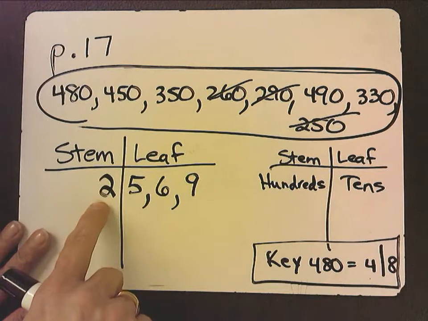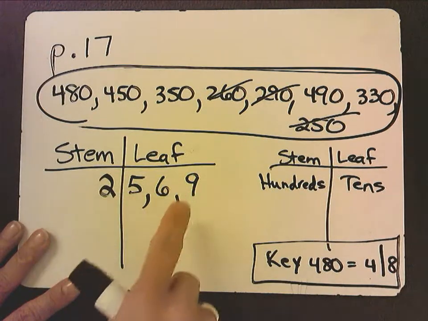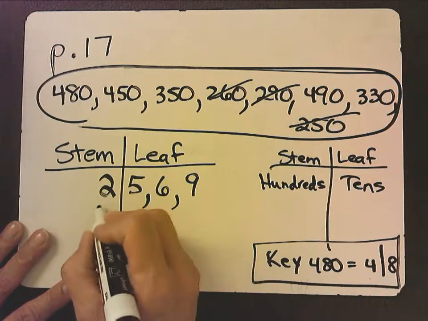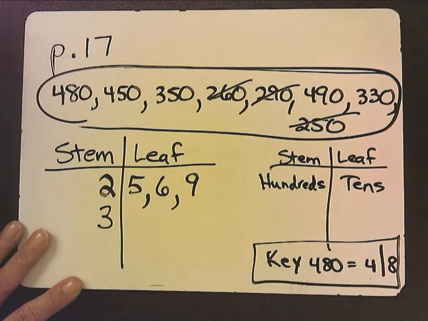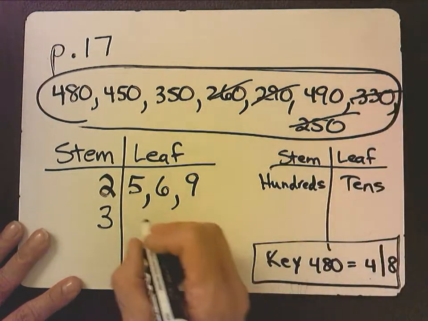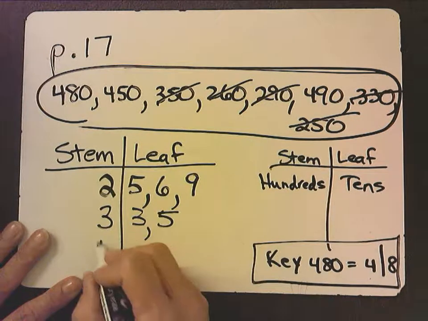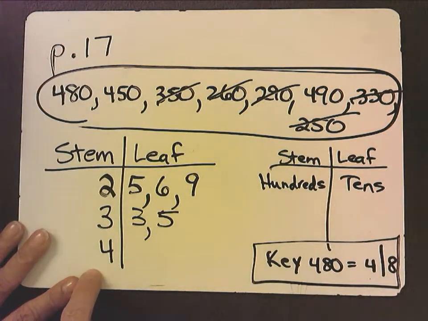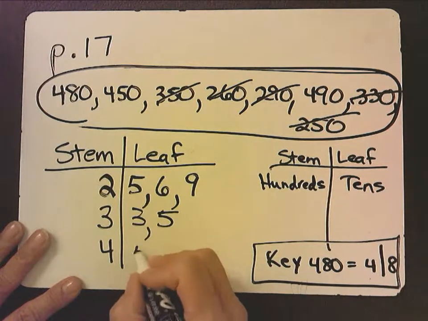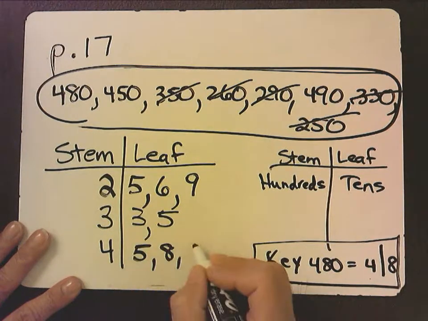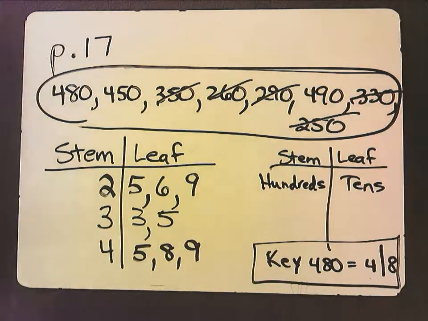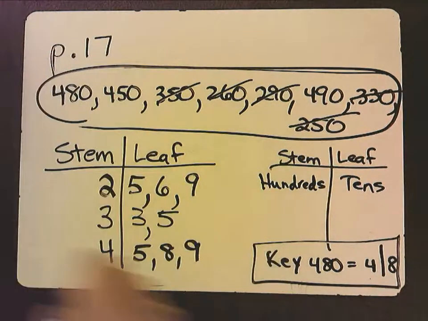So this represents 250, 260, 290. Then I go for the 300s. So I have a 330 and a 350. Now this represents the 400s. So I have a 450, a 480, and a 490. So this is my stem and leaf plot, and here is all my data.